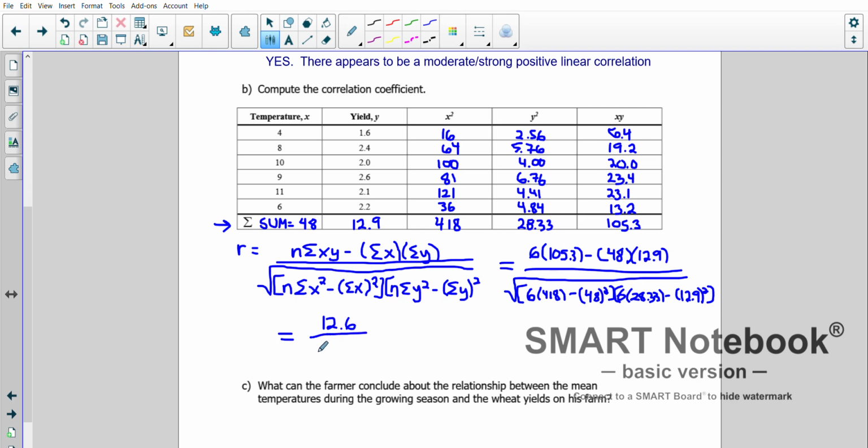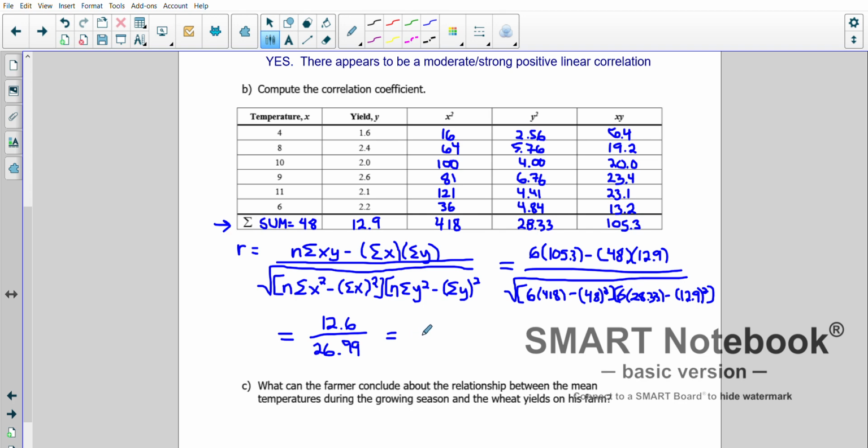And then if you do the denominator, you should get 26.99. So make sure, don't just copy those down, make sure you can actually get those values. Personally, I would do this calculation first, do this calculation separate, multiply them, then take the square root.